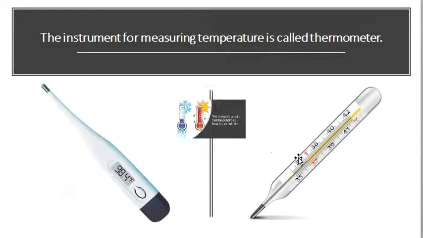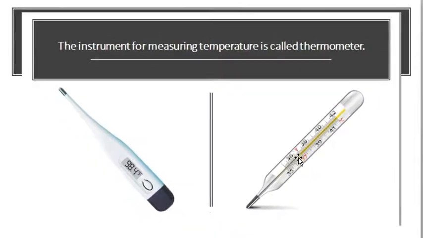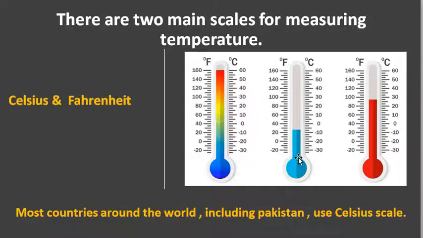How do we measure the temperature? We use a thermometer. Everybody knows what a thermometer is. A thermometer is basically an instrument used for measuring temperature. There are two main scales for measuring temperature, Celsius and Fahrenheit. Most countries around the world, including Pakistan, use the Celsius scale.